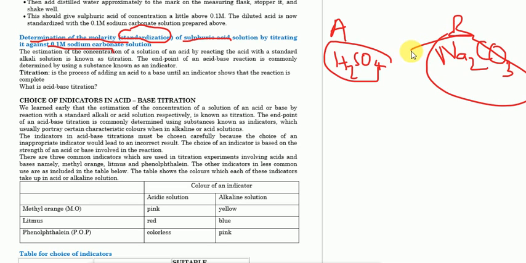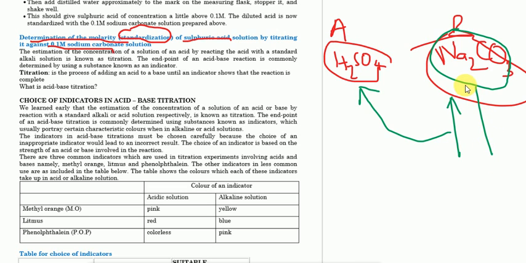In volumetric analysis, the concentration of one among these must be known. Hii tuseme tunafanya standardization. Standardization means we are using the molarity of a known solution, let's say base, to calculate the molarity of an unknown solution, let's say acid. So the molarity of a known solution, as we said previously, if the solution has a known molarity, it is termed as the standard solution.